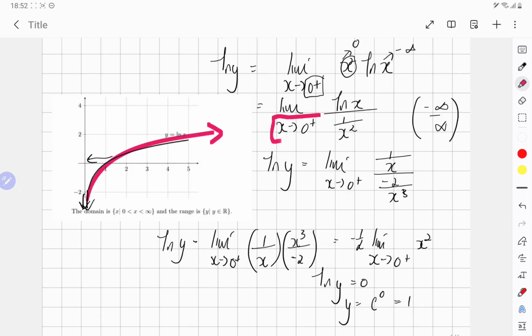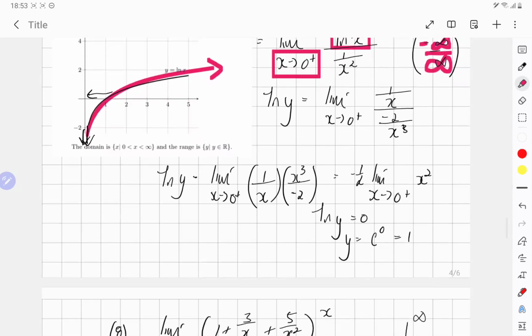As x is approaching 0 from the right, ln x is negative infinity. 1 over x squared, remember my denominator getting smaller and smaller, so my fraction getting bigger. And what do I see? Negative infinity over infinity, indeterminate form.